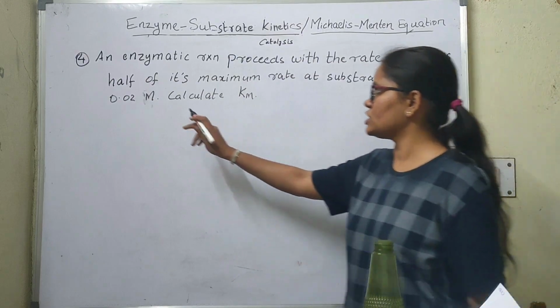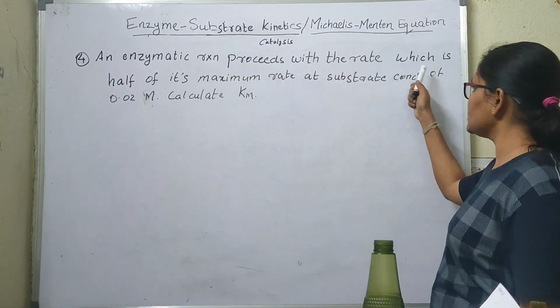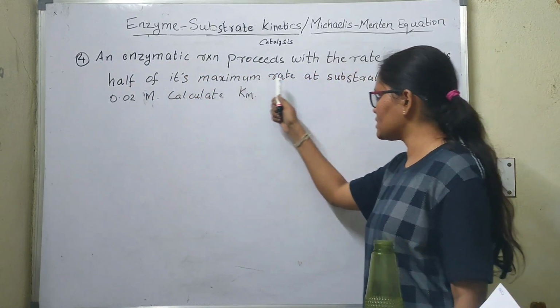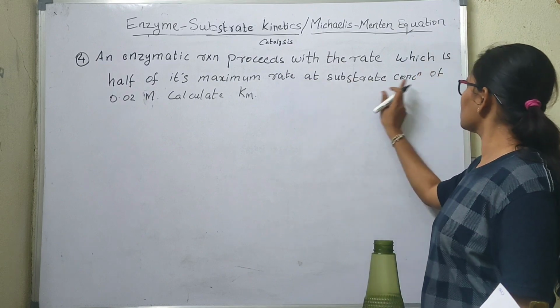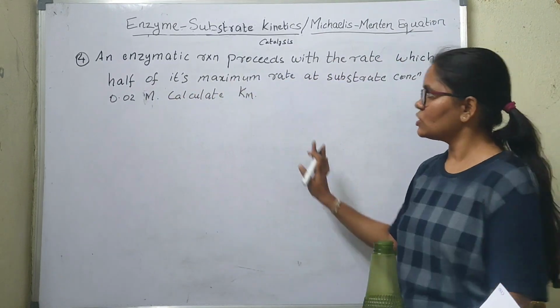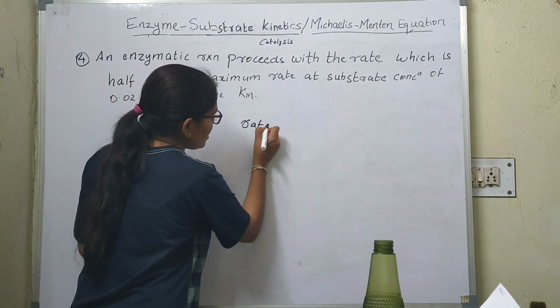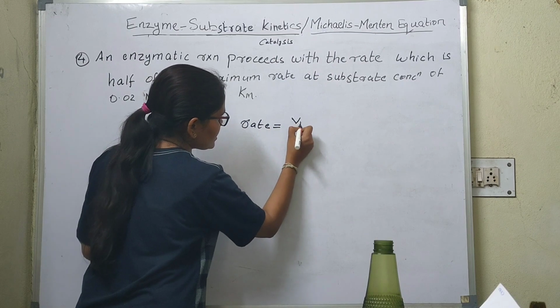Let us see the fourth question now. It says an enzymatic reaction proceeds with the rate which is half of its maximum rate at substrate concentration of 0.02 molar. Calculate Km. In the question it is given that the rate is half of maximum rate.